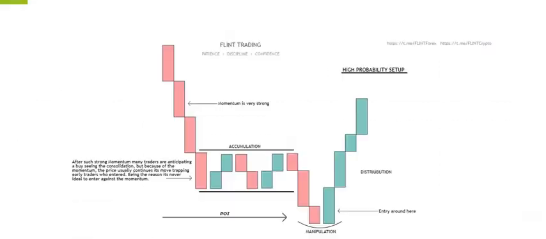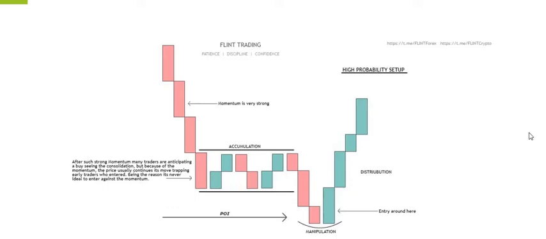So recently I sent a schematic which was based on momentum in combination with the AMD pattern. So I thought of doing a video on that, explaining a practical example based on this scenario, based on this schematic.